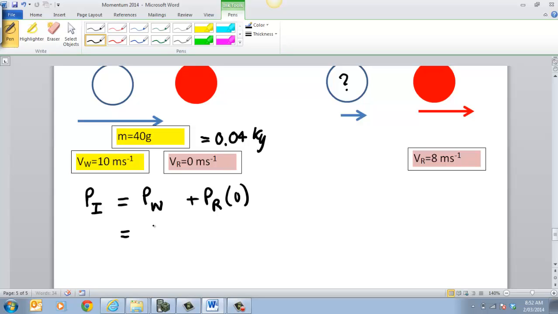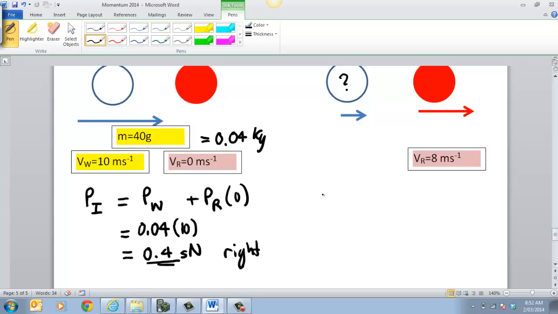So therefore my momentum here is going to be 0.04 times my velocity, which is 10 meters per second. So that's going to mean that my initial momentum is 0.4 kg m/s, and it's to the right. Now remember, this is a vector quantity, so I should give a direction, and I didn't do that with the previous examples, which is wrong. I should have done that.